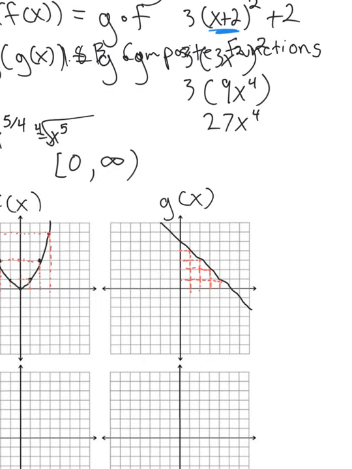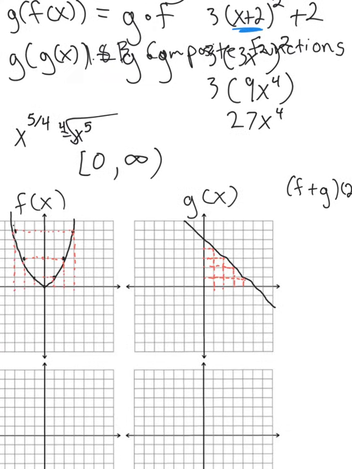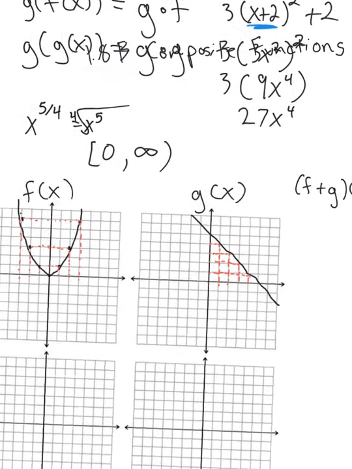What if our question says we want f plus g of x? What does that mean? F plus g of x, but in terms of a number, they give us a number value. So let's say the number value is 2. Well, we just got to go over 2 on our x's and find out what that means in terms of our y.